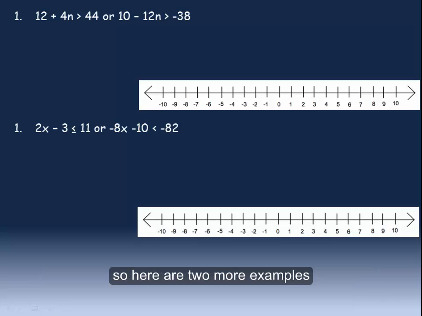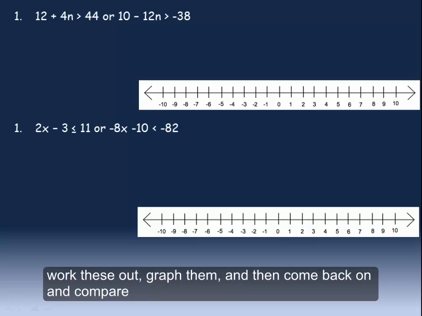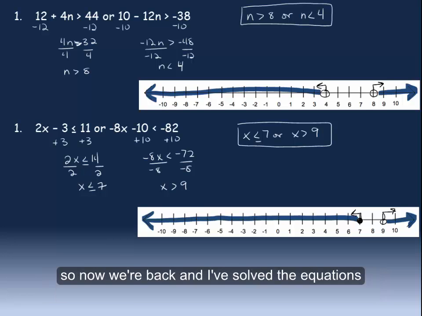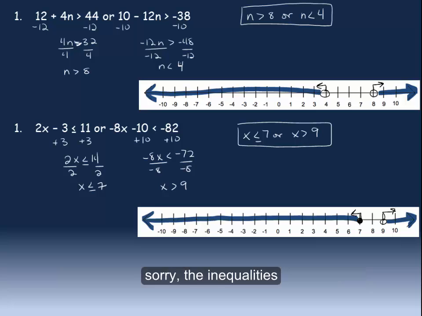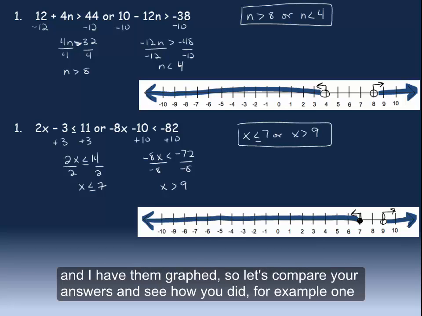So here are two more examples. Again, I would like you to pause the video, work these out, graph them, and then come back on and compare. So now we're back and I've solved the inequalities, and I have them graphed. So let's compare your answers and see how you did.